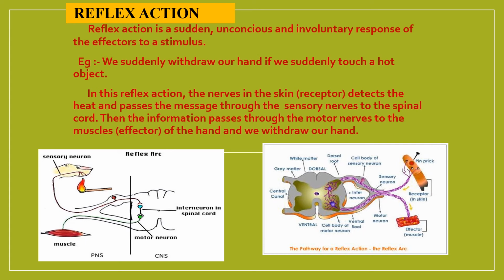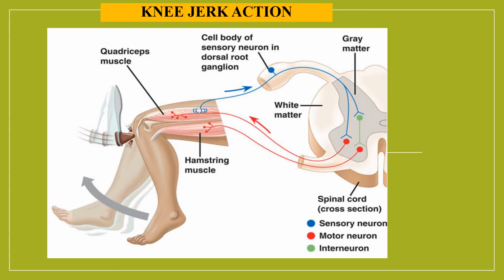The spinal cord sends back the information through motor neurons to the muscles, and the hand is pulled back. This happens in a fraction of a second. That is the speed of the travelling of nerve impulse to the different receptors and effectors.